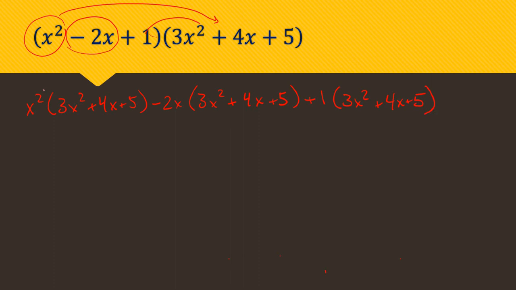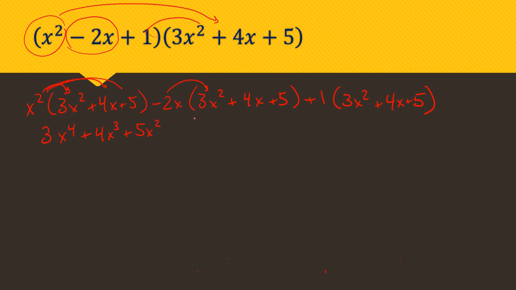So let's distribute again. I'm not going to write everything out. We're just going to do it in our heads. X squared times 3x squared is 3x to the 4th. X squared times 4x is positive 4x cubed. X squared times 5 is positive 5x squared. Now watch this negative sign here. Remember, this is taking a negative 2x each time.